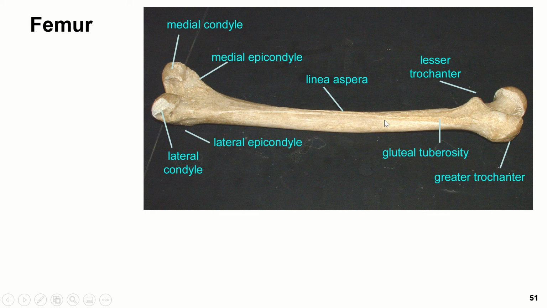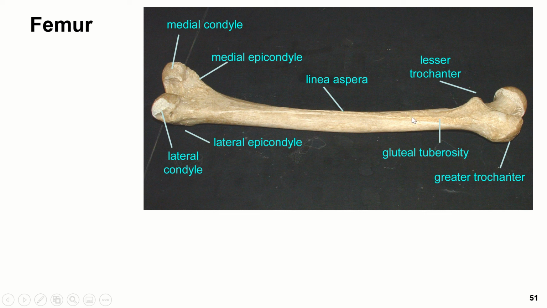As we go down the femur, there is this rough patch here that is the gluteal tuberosity. That is where the gluteus maximus inserts. And if you're wondering why that isn't a larger marking, it's partly because we get lots of bones from very old people who don't have strong gluteal muscles, and also because it's a larger insertion rather than pulling on one small part.